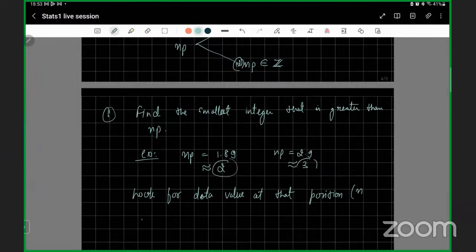Let's say my data points are x1, x2, x3 up to x9. If I got NP to be 2 after approximating, then the 100p percentile is going to be x2. And if NP comes out to be 3, then I will go for x3. This is for the arranged data I'm talking about.